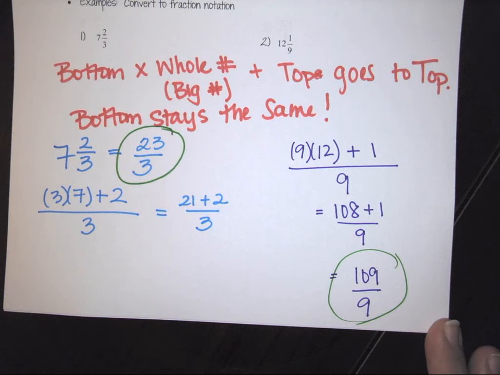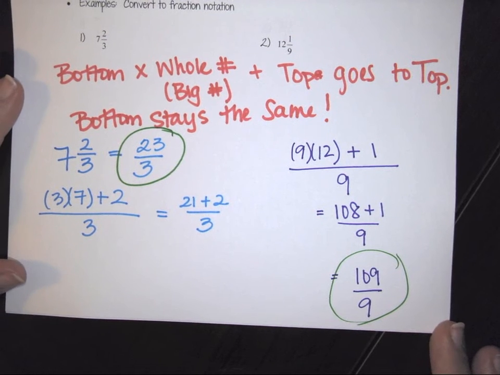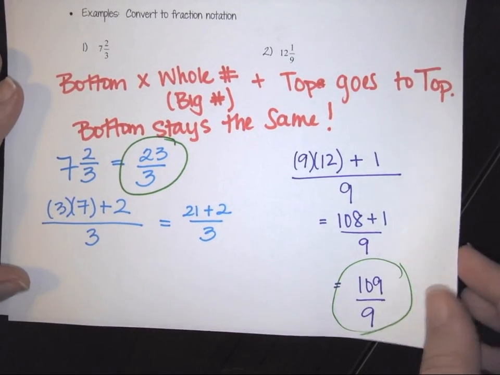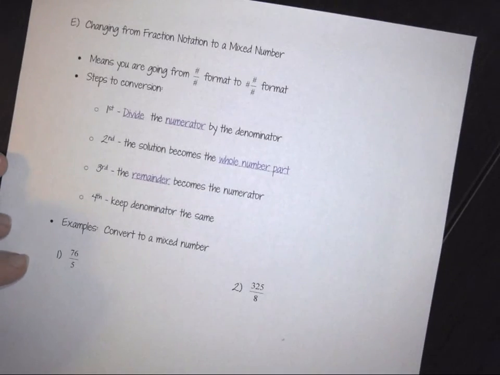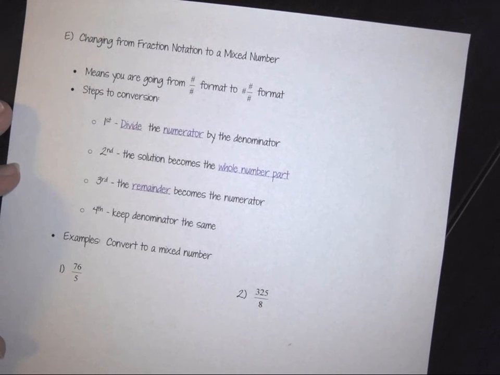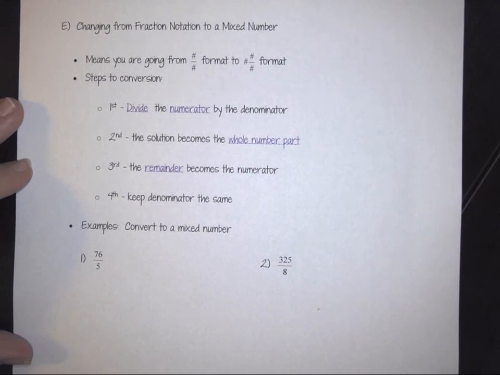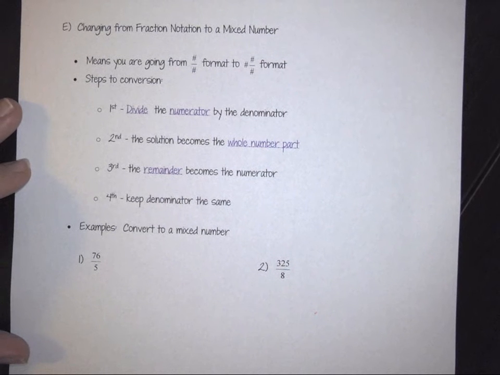Okay. So those are just two examples of converting from a mixed number over to its improper fraction. Once you go one direction, you get to go back again. So we can take that improper fraction and put it into its mixed number.